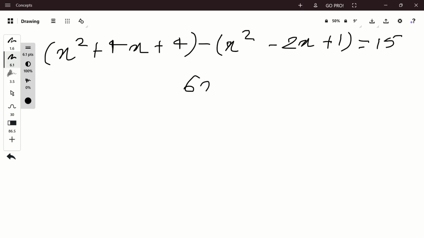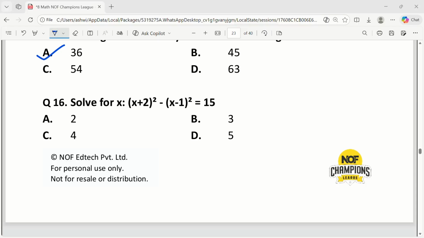Simplifying the equation, we get 6x plus 3 is equal to 15. x is equal to 2. Comparing with the options, the answer is A, 2.